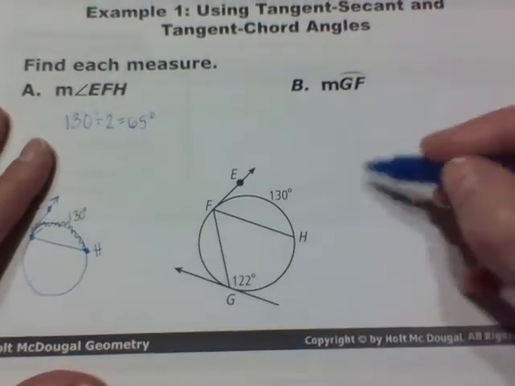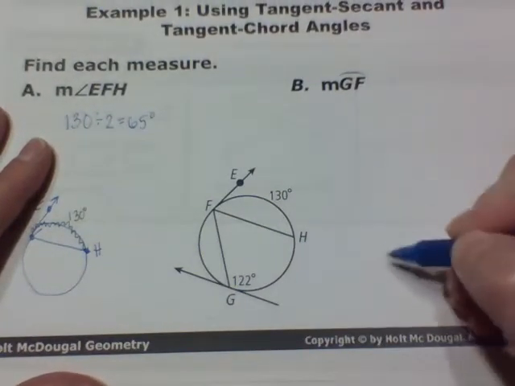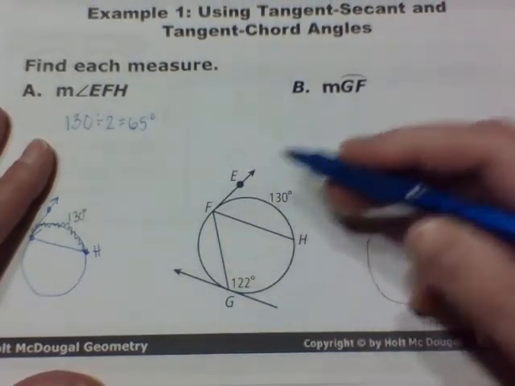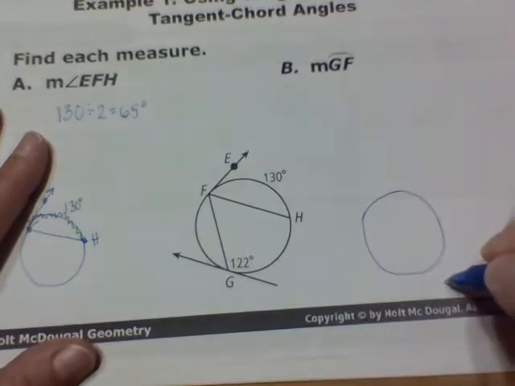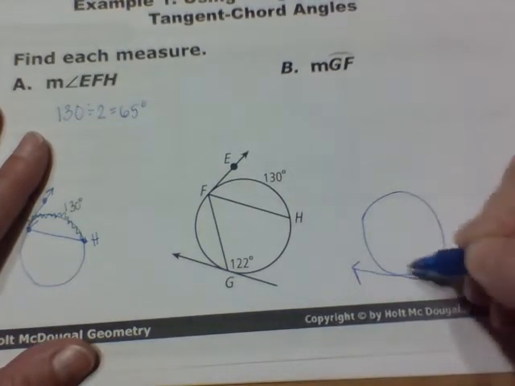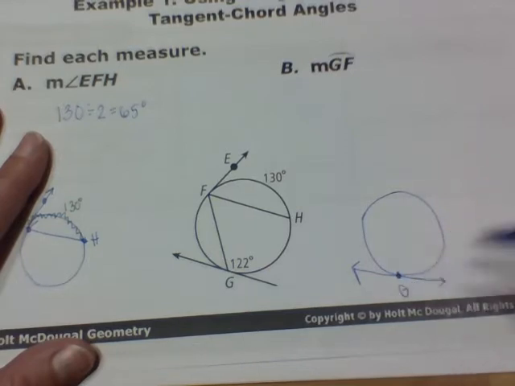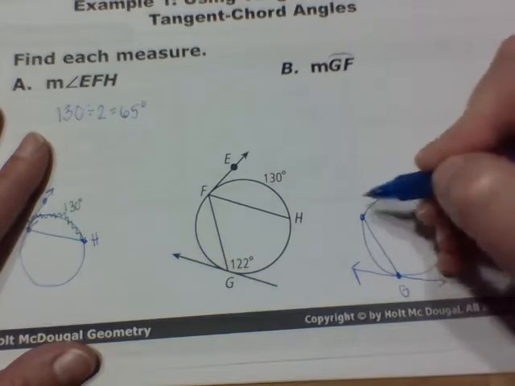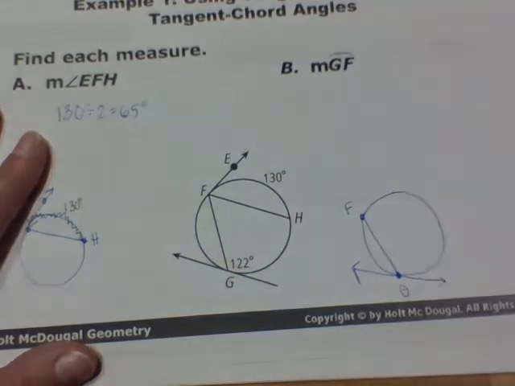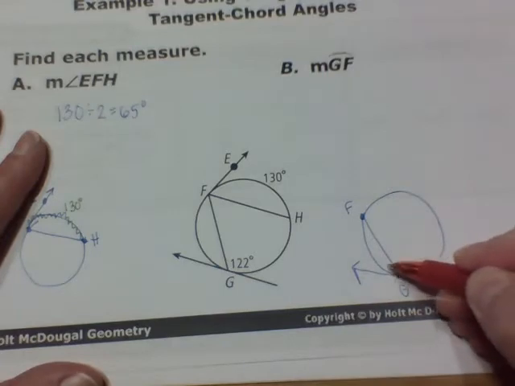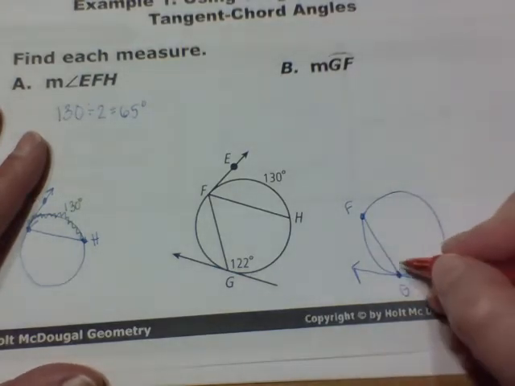So one thing that we will note here in the circle where we take out all of the stuff we don't need, which is up here, we have a tangent line that meets at G. And then we have this chord that goes off from G to F. And then instead of telling us anything about this arc or this angle that we're actually interested in, they tell us that this angle is 122.